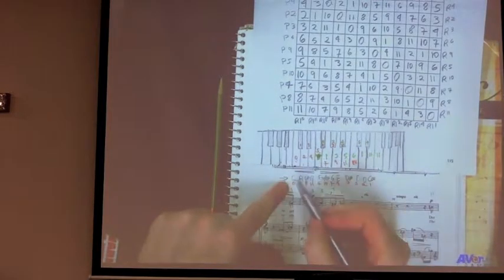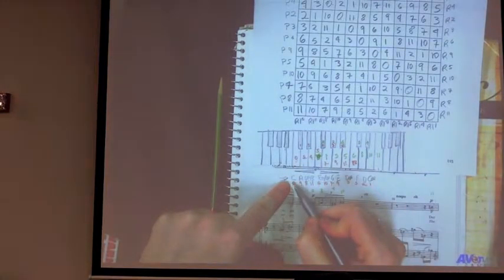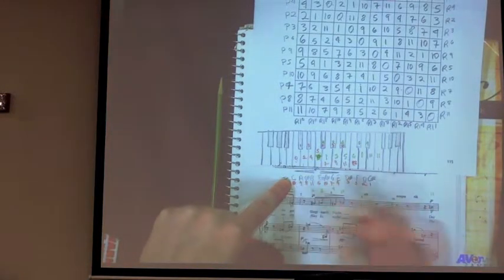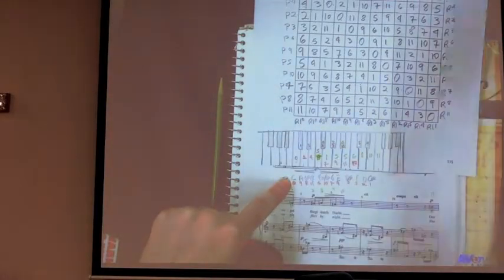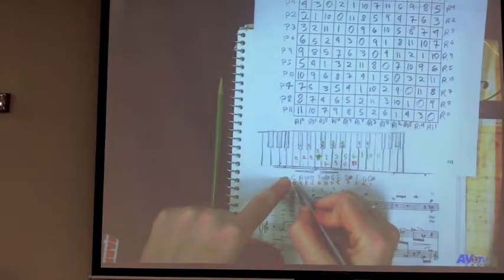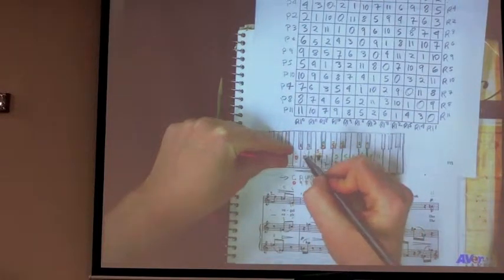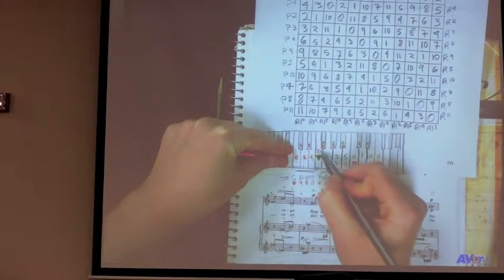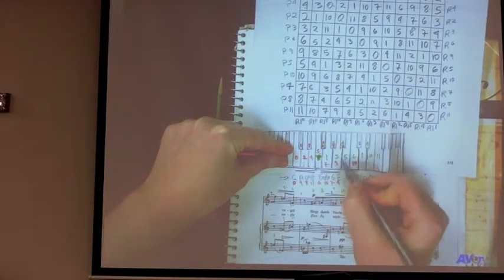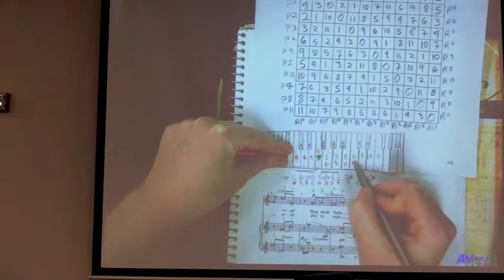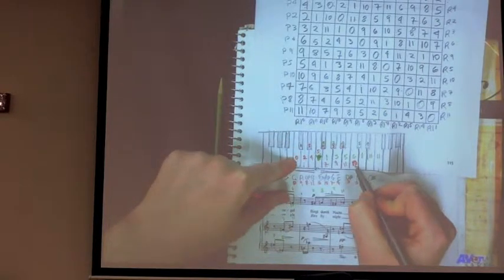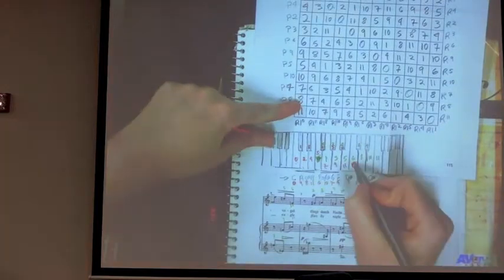Now our new prime, our new 0, is going to be C, right? It's not going to be F sharp anymore because we're switching our prime row. So C is now 0. So here's 0, 1, 2, 3, 4, 5, 6, 7, 8, 9, 10, 11. And then, of course, if you go up to 12, C and 12, or 0 and 12 are the same, right? Because they're both octaves. So you don't have to put in 12.